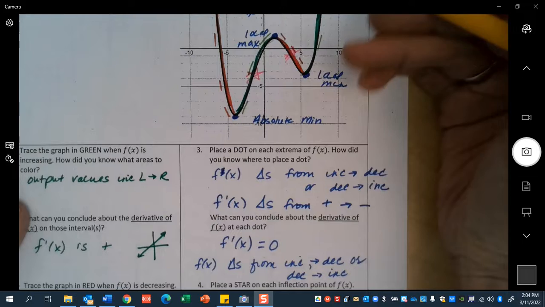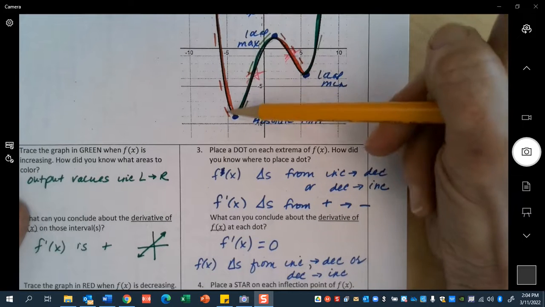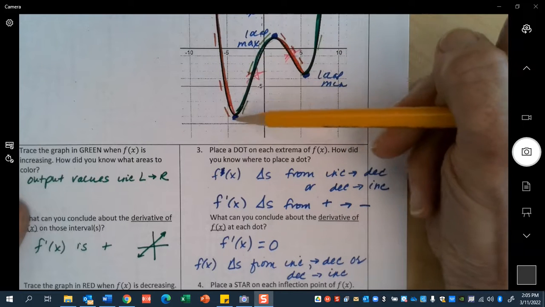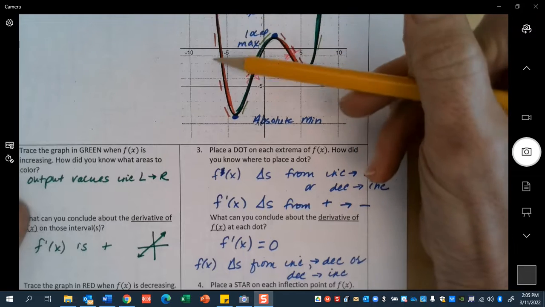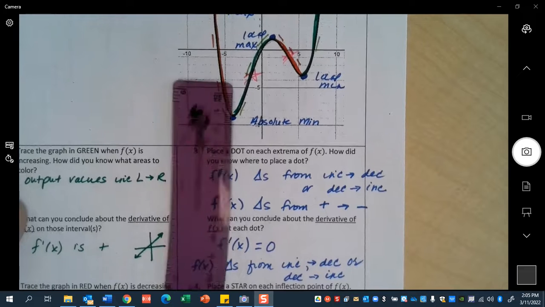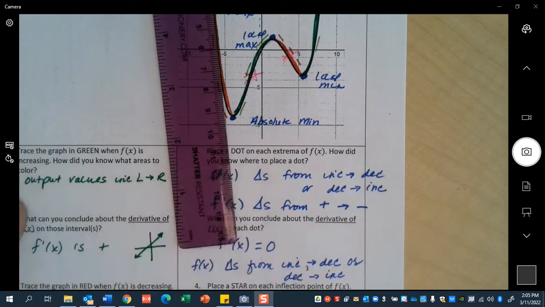So I have a positive concavity on my original graph when my derivative value starts to get bigger and bigger and bigger. And that's what's confusing. A steeper line in a negative portion of the graph has a slope that's way steep, way negative.